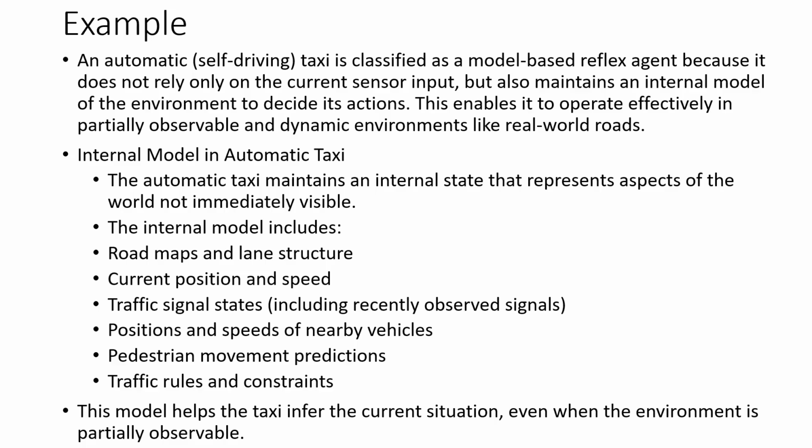So, internal model in automatic taxi means the taxi maintains an internal state that represents aspects of the world not immediately visible. That includes road maps and lane structure, current position and speed, traffic signal states, positions and speed of nearby vehicles, pedestrian movement predictions, and traffic rules and constraints.